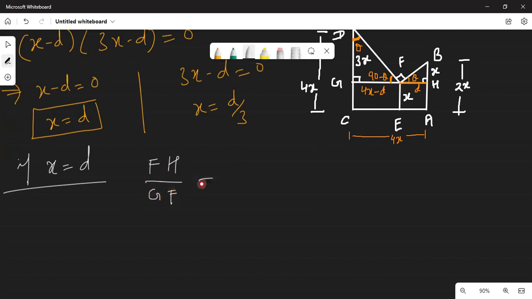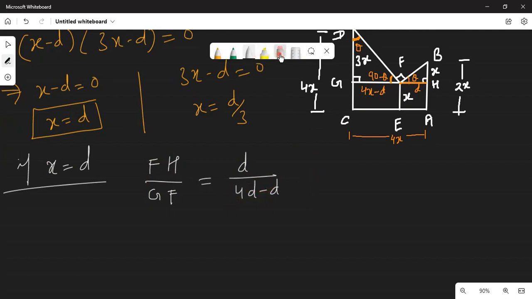What is the value of FH? Small d. Divided by, this is 4x minus d. And in place of x, we are writing d. That means 4d minus d.